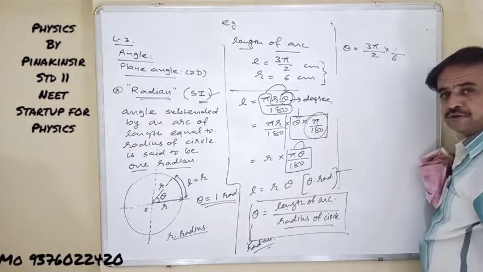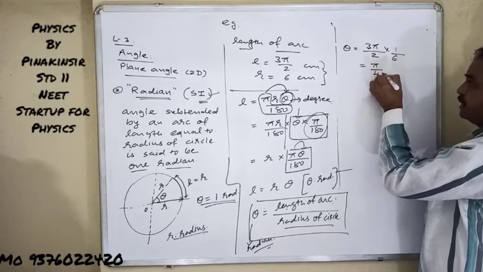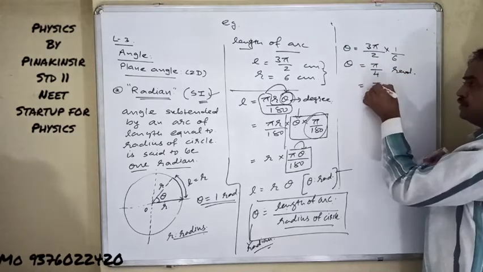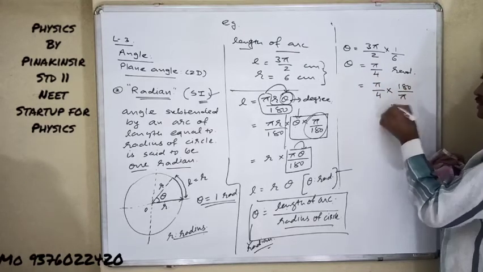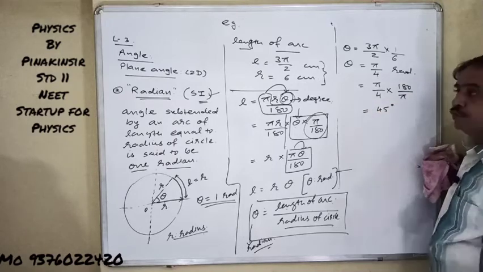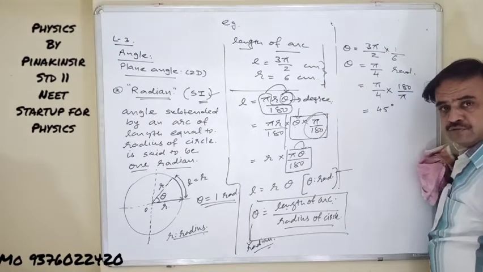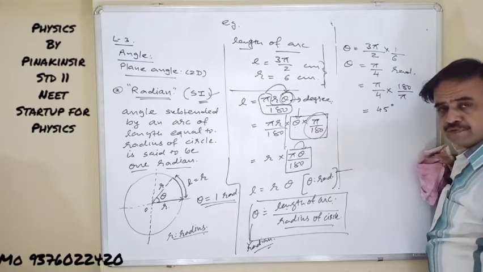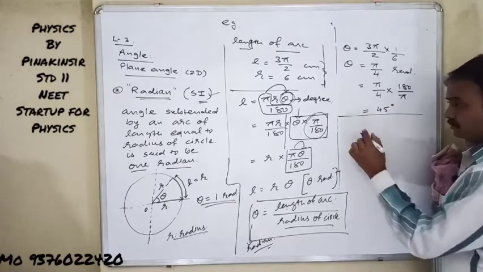The radius is 6, and thereby your angle will be pi by 4 radian, or pi by 4 multiplied by 180 by pi, that is 45 degree in this particular case. In that way you can calculate the angle, or the length of arc, or if you want to find the radius, you can find that out. See one more example.